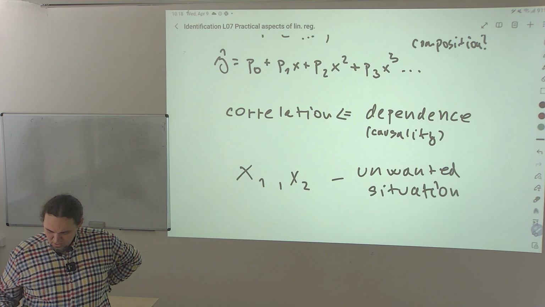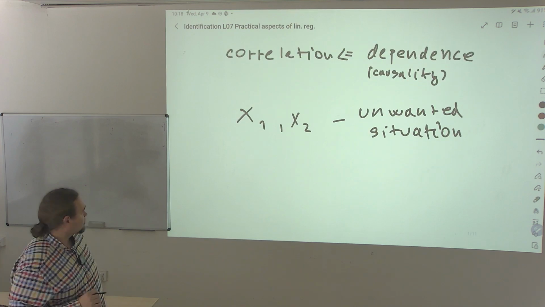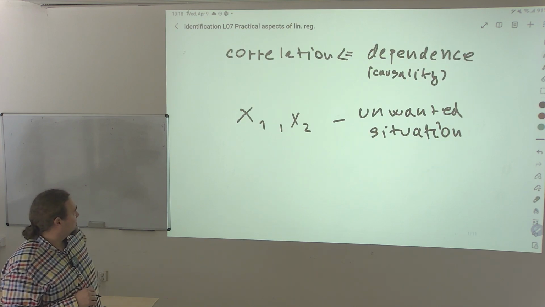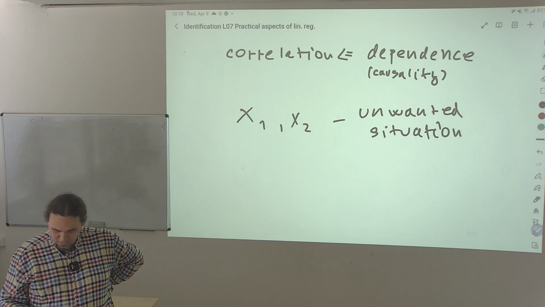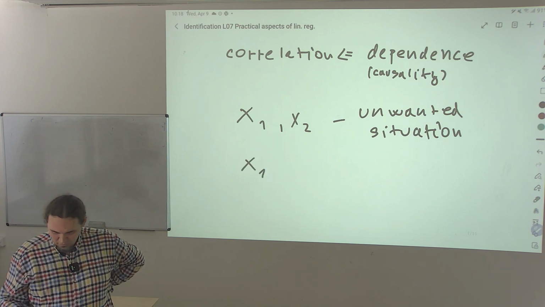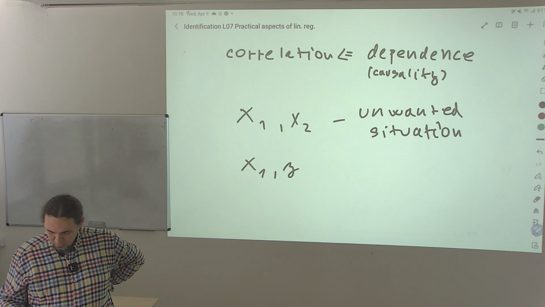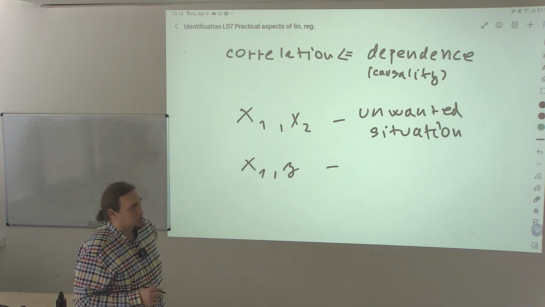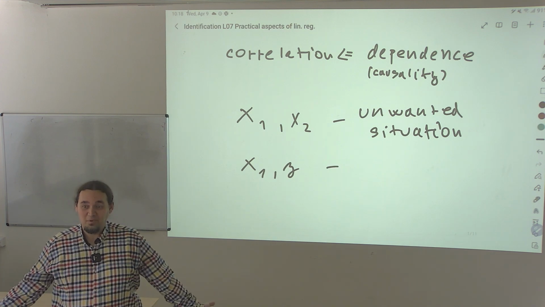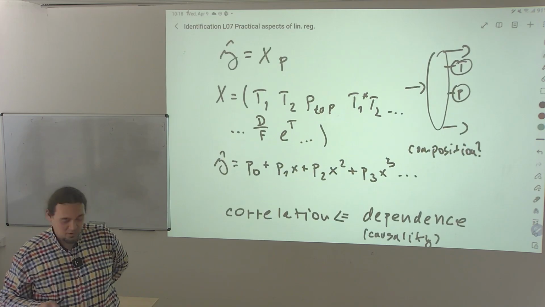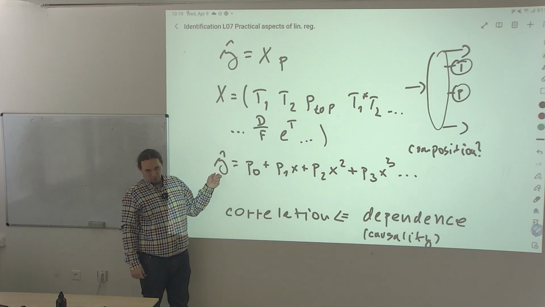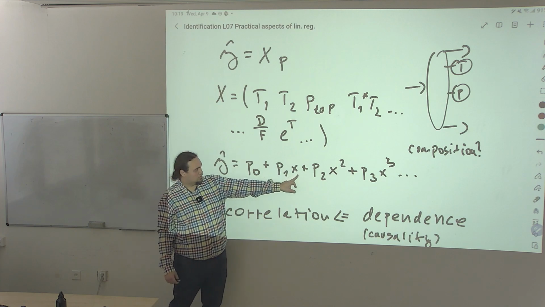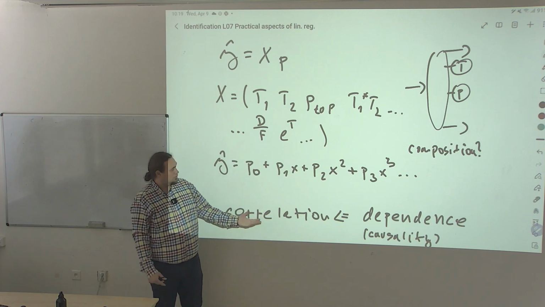Unwanted situation. Let's detail it next. But actually, for some variable, let's say x1 and y, the correlation is actually welcome, right? Because we are trying to make sense of a y based on the data x.